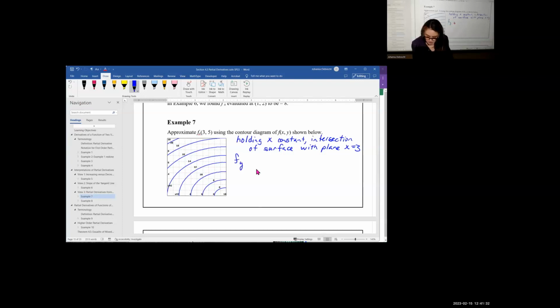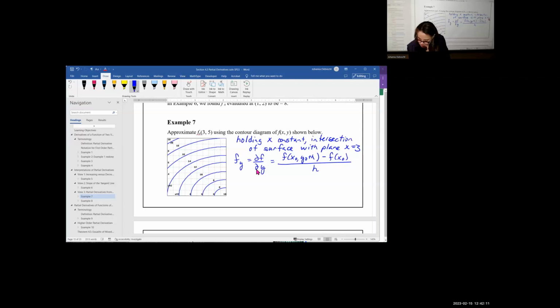We can approximate the partial derivative of this function with respect to y by finding f of x naught, y naught plus h. Remember, y is changing, but x is constant, minus f of x naught, y naught, all divided by h, right? So we're just going to approximate. If I'm doing this one, I need to figure out what I'm going to hold these things at. I forgot my y naught.